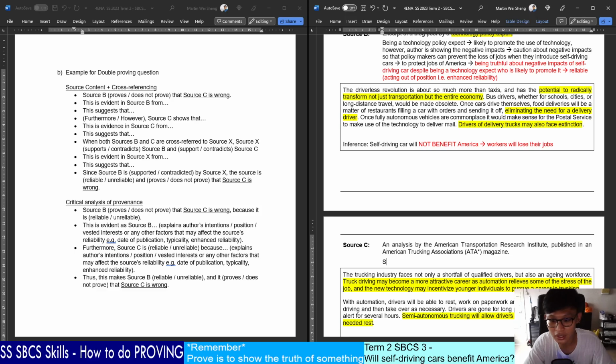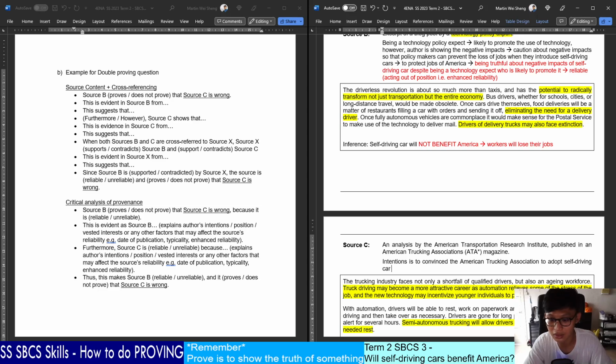Okay, so over here, the intention is to convince the American Trucking Association to adopt self-driving car use in the trucking industry.